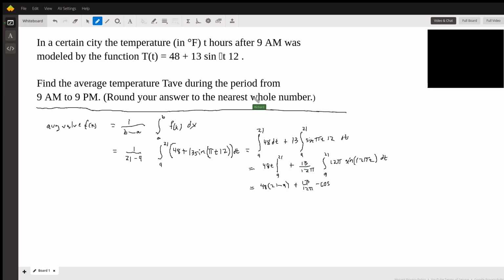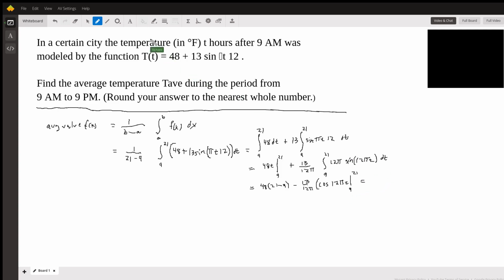Times negative cosine. So what we'll do is we'll just change this to a minus here. Minus cosine of 12 pi t... running from 9 to 21.